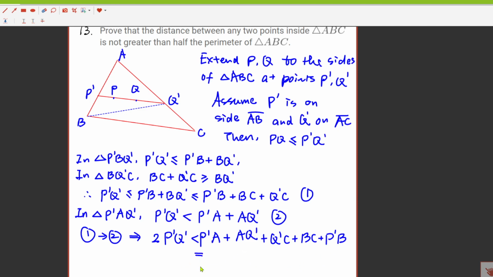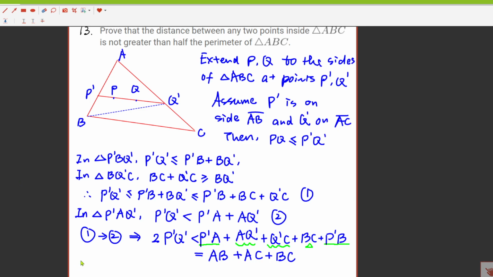And the right side equals AB plus AC plus BC. You see that? Because we know P prime A plus P prime B is AB, right? And this is our BC, and A Q prime plus Q prime C is AC. Therefore, the right side is actually AB plus AC plus BC.